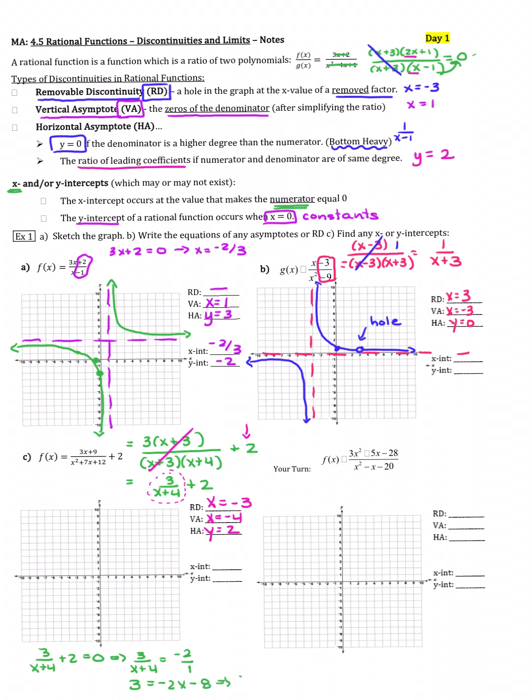So I'm going to have negative 2x equals 11. So negative 11 halves, or negative 5.5, will be my x-intercept. My y-intercept, 9 over 12 is like 3/4 plus 2, so that'll be 2 3/4.